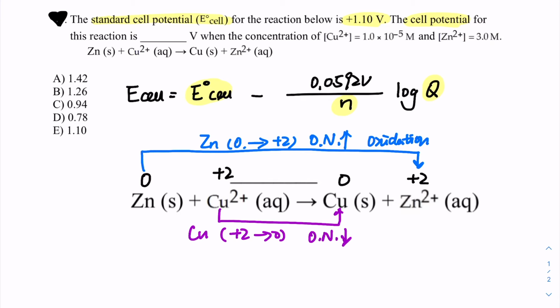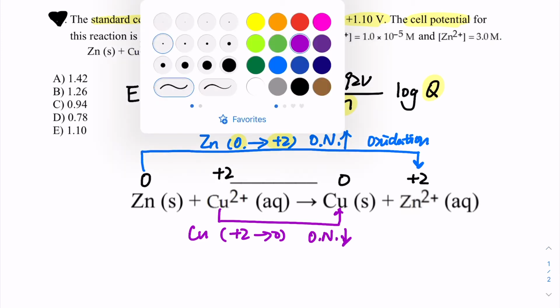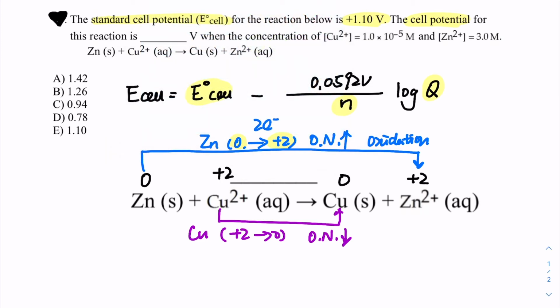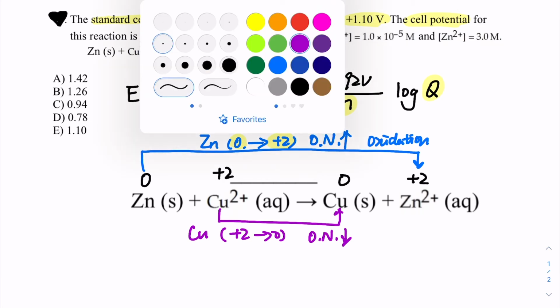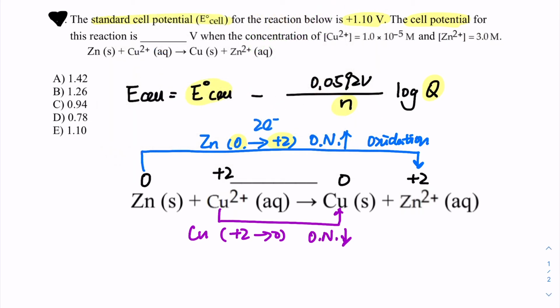As I said, oxidation numbers help us track the electrons. From 0 to positive 2 involves 2 electrons for every 1 zinc, and just 1 zinc is involved. Let me use the blue color. The same way for the reduction half, that's copper. Every 1 copper goes from positive 2 to 0, which means it gained 2 electrons for this change to happen.